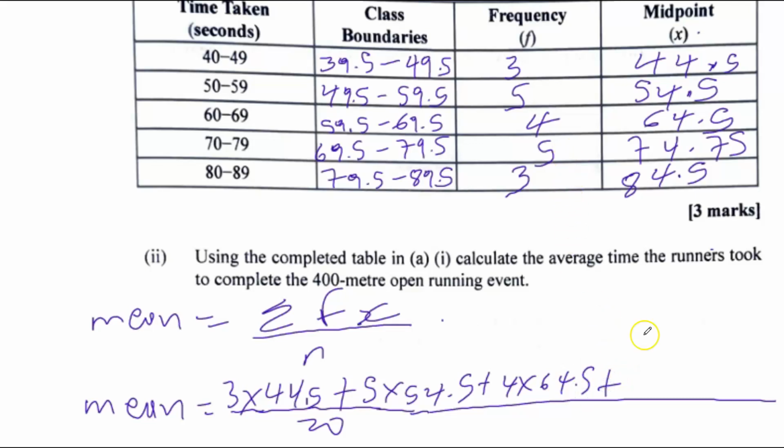Plus next row 5 times x, 74.5, right? Or do I have 0.75? So 74.5. 5 times 74.5. And the final row we have frequency 3 times 84.5.